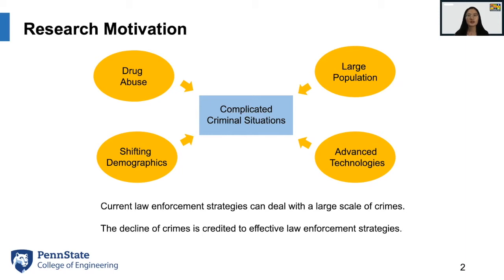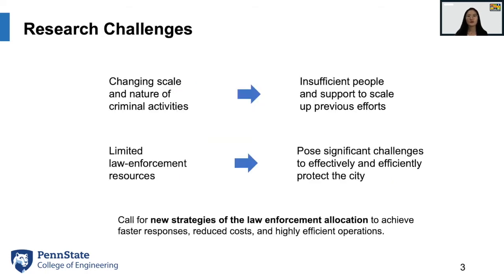The decline of the crimes in the United States is a positive sign for the safety of all citizens, and it is credit to the effective law enforcement strategies. However, due to the changing scale and nature of criminal activities, there would be insufficient people and support to scale up previous efforts achieved by traditional approaches.